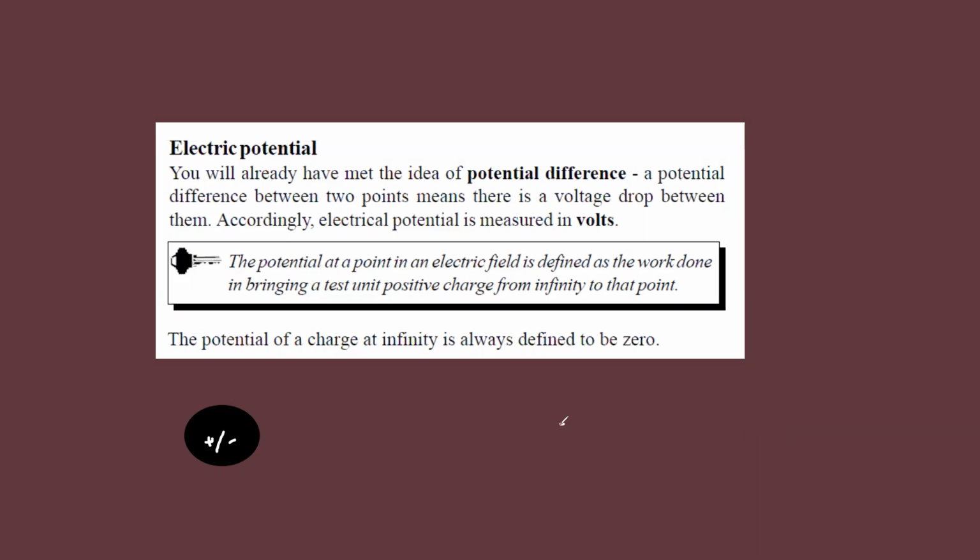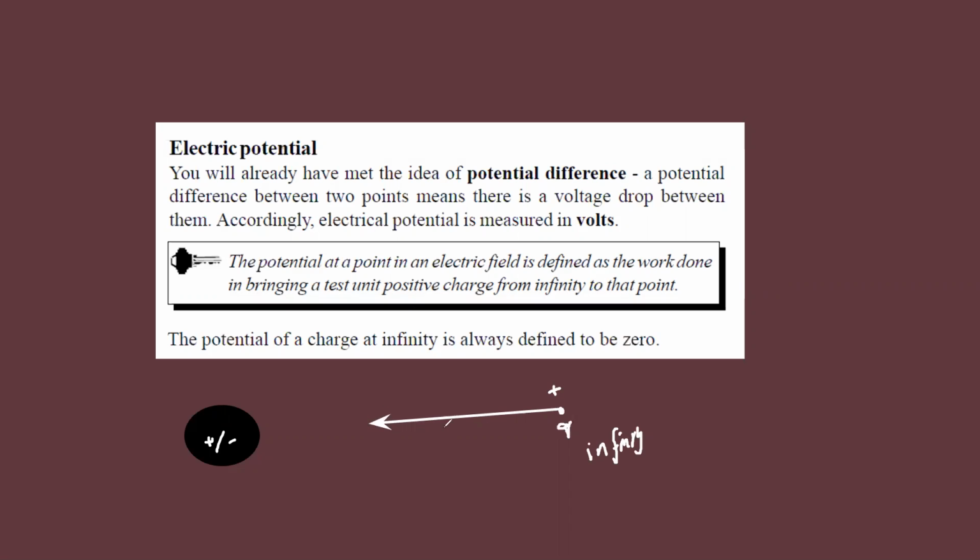So how much work is done on a unit positive charge? There's a unit positive charge far away from the charge, at infinity, and we move this from infinity to a certain point in the electric field.